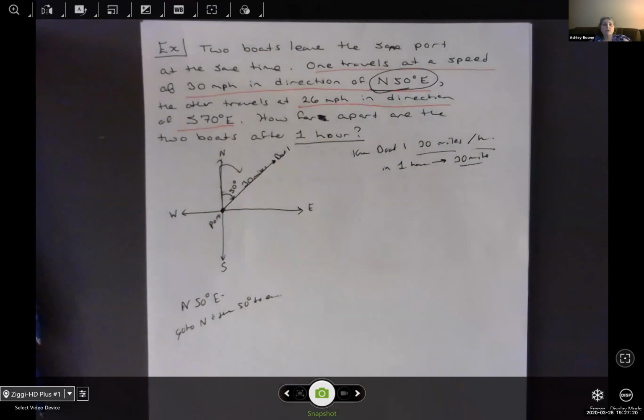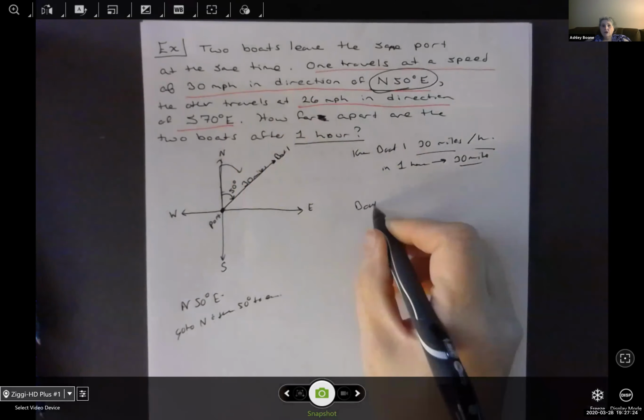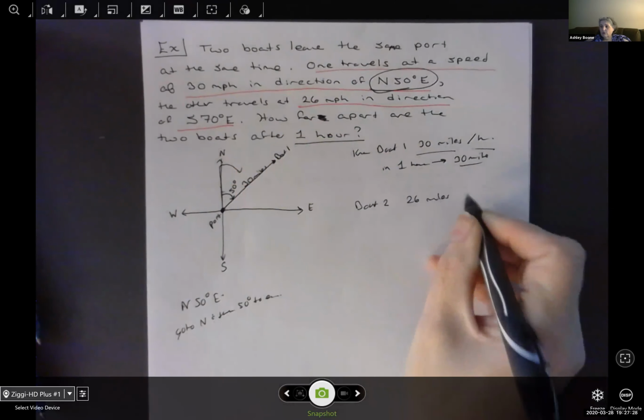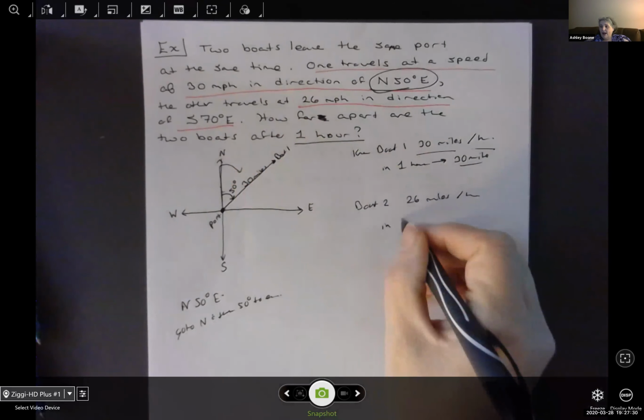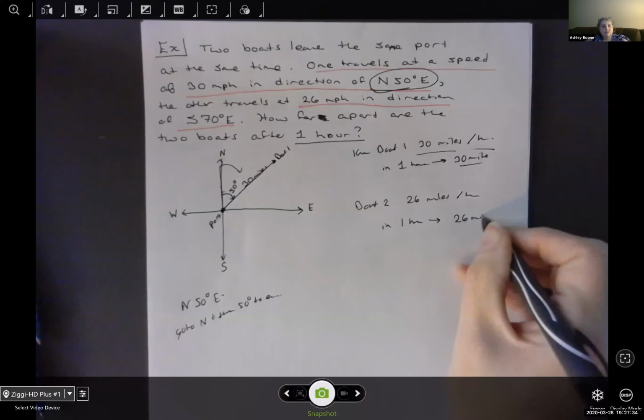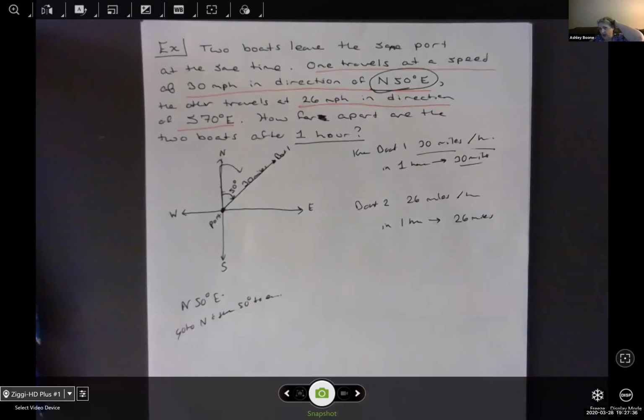Now let's look at boat 2. Boat 2 travels at 26 miles per hour. So in 1 hour, that means it traveled 26 miles. So it didn't go quite as far. And its direction was south 70 degrees east.